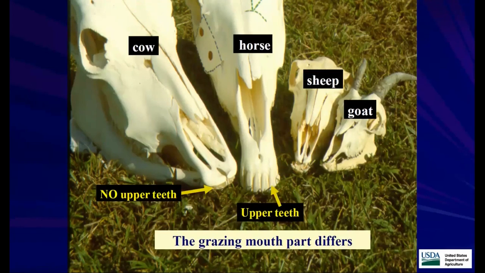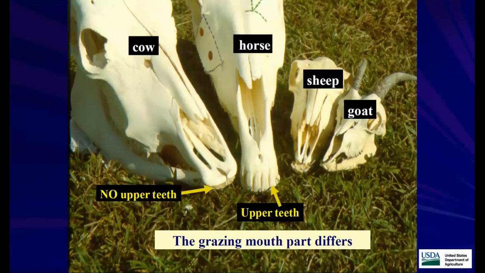This is part of the reason why they don't want to graze that taller, stemmy, mature forage, is because it's more difficult for them to rip a stemmier plant off as compared to a younger, more vegetative plant.